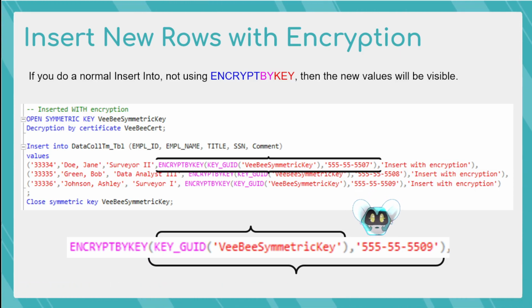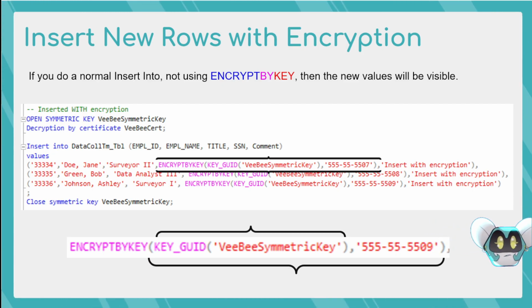Instead of just giving it the number, we are going to surround all of it with parentheses. Start it with encrypt by key, specify key GUID, and you want to use the key from the symmetric key that you created at the start of this tutorial.